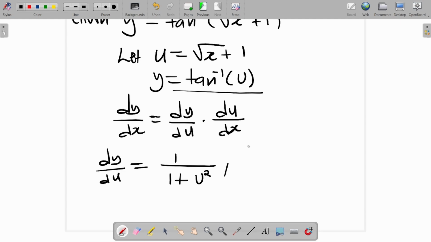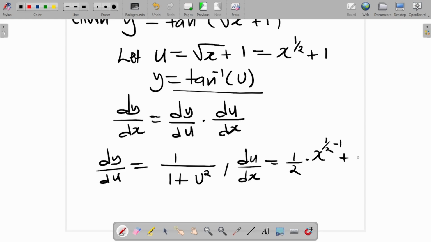Then for du/dx, remember, u can be written as x to the power 1 over 2 plus 1. So differentiating this, you drop the power, you get 1 over 2 times x to the power 1 over 2 minus 1, plus the derivative of 1, a constant, which is 0.